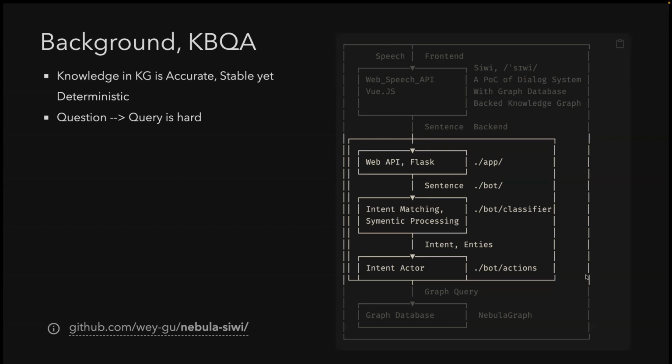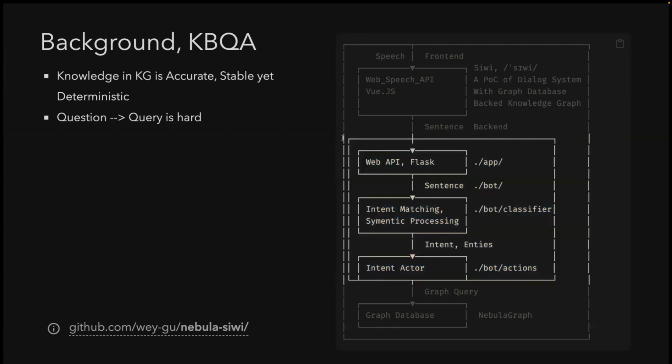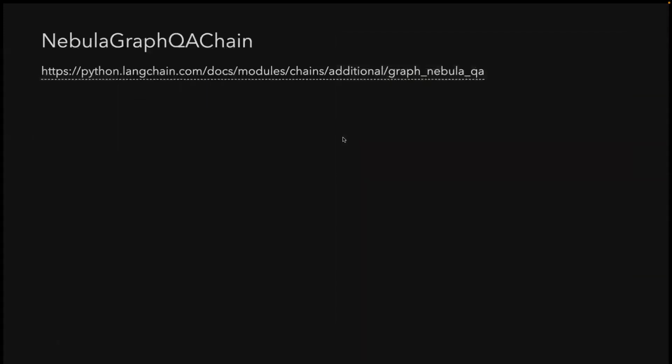This is the traditional way of building a KBQA system. And when we have a language model, all of those hard works can be done by just prompt engineering. And this is another exciting thing we can do with the graph brain in this picture.